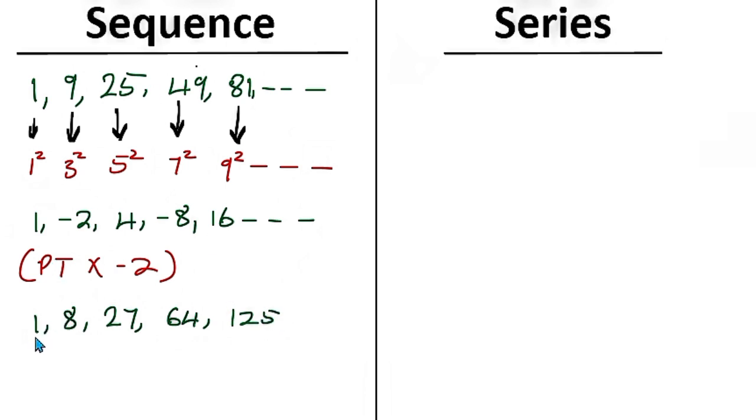Let's see what type of set we just collected. If you look, this is the cube of natural numbers. So this is 1 cube, this will be 2 cube, this will be 3 cube, this will be 4 cube, and this will be 5 cube, and it goes on, right?